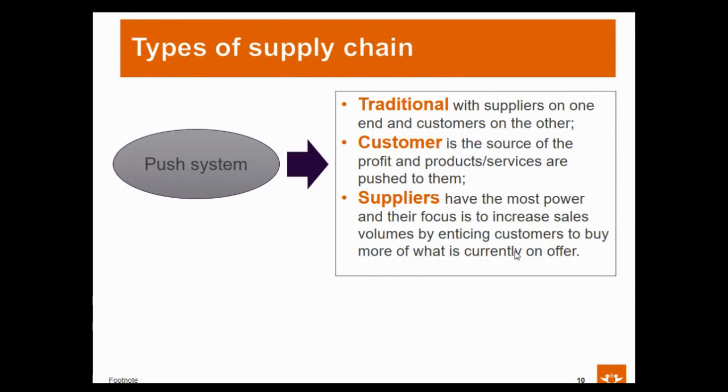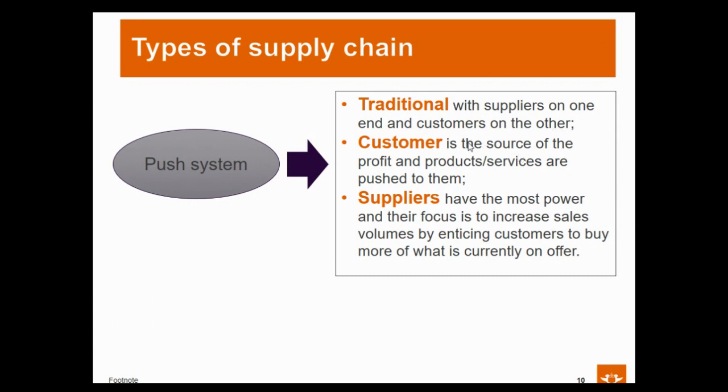We've got two types of supply chain models. It's very important that you actually know the differences, because the difference between push and pull systems are often asked in OTQ questions. So a push system, that is a traditional system with suppliers on the one end and your customers on the other end.